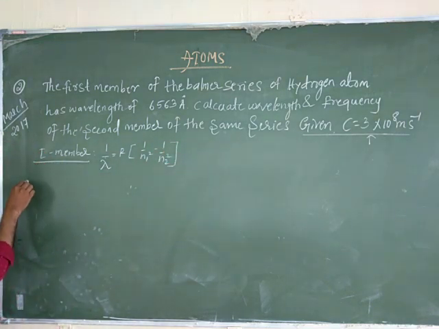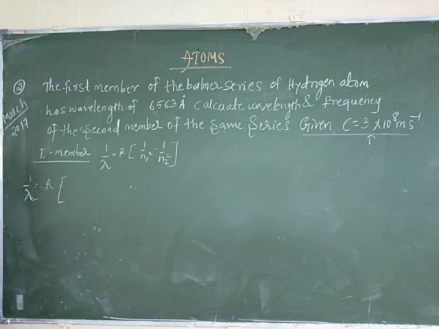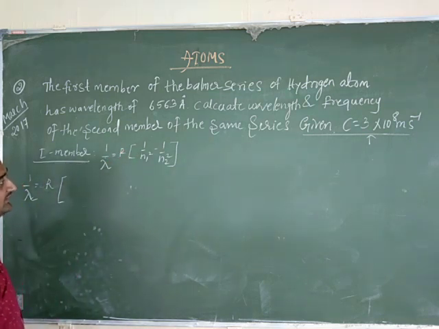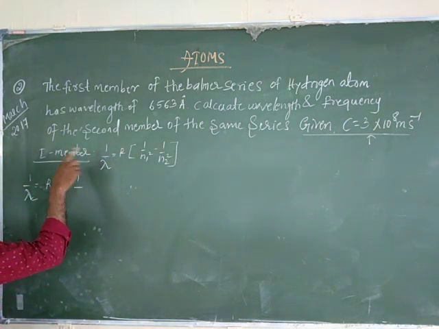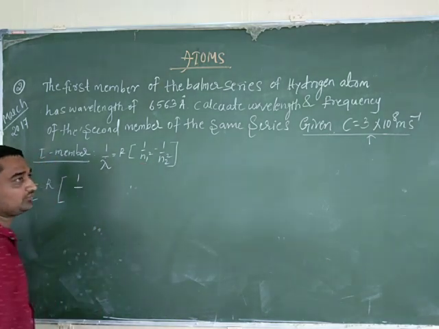For the first member, 1 divided by lambda is equal to R into 1 divided by n1 square minus 1 divided by n2 square. I will keep the value of R as it is. For the first member n1 is equal to 2 and n2 is equal to 3.